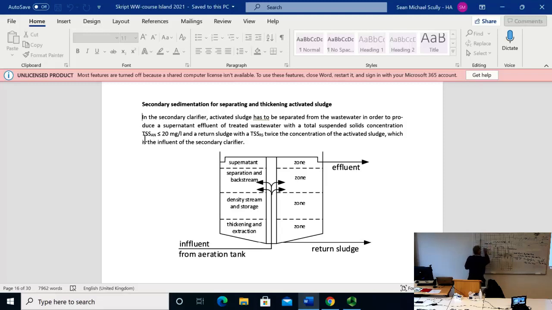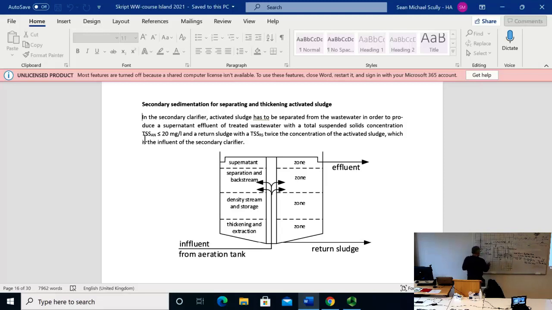And then you take this and dry it at 105, no? And what comes out is the TSS. The sludge volume in milliliters, this is SV.